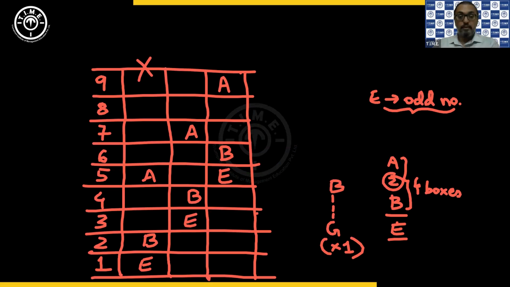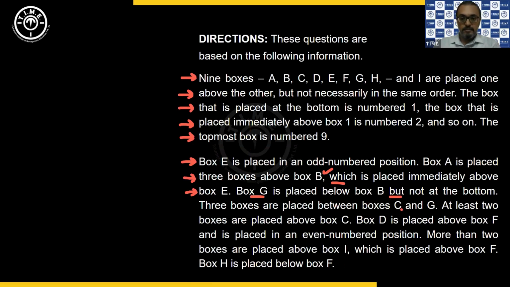Then in the second possibility, I can now definitely fix G only in position number 2 because 1 is not available for G. And in possibility number 3, you can have G placed in either 2, 3, or 4 positions. Correct? So let us further see what he says.